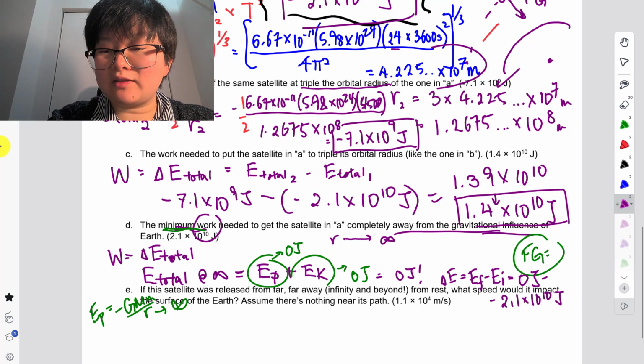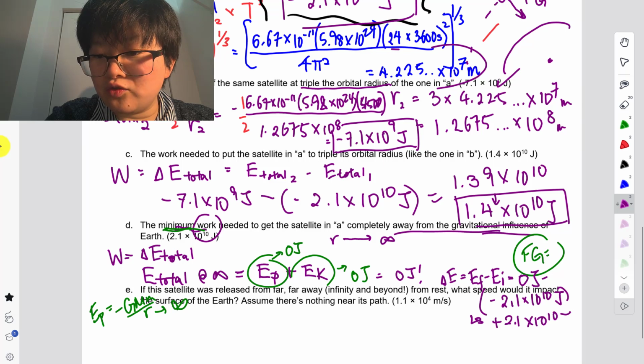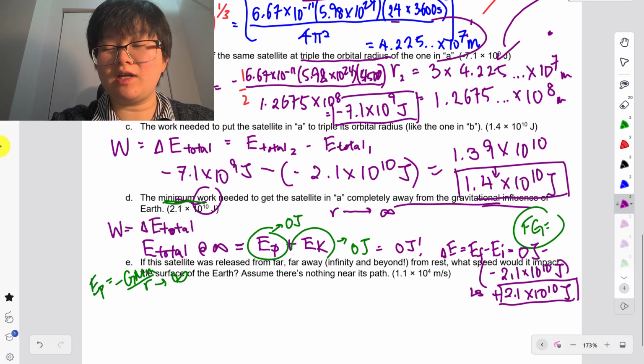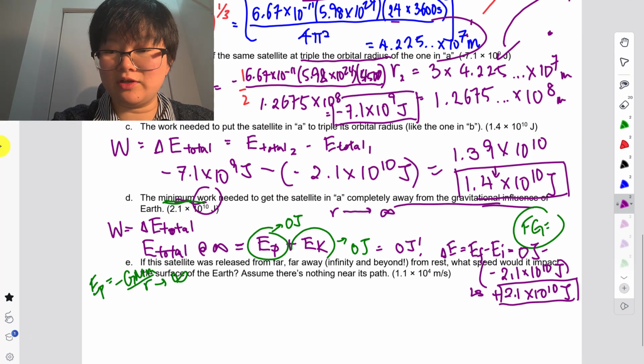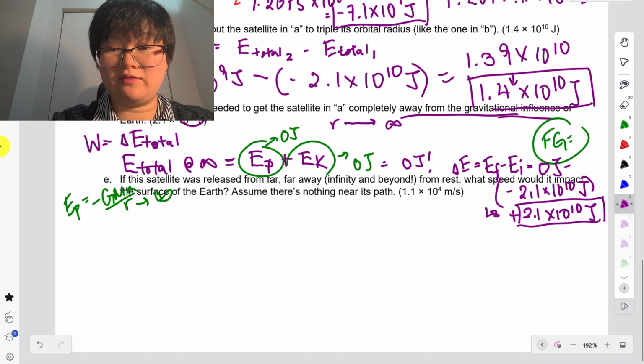If you subtract a negative, this will just become positive: positive 2.1 times 10 to the power of 10 joules. This kind of makes sense. You would have to fight your orbit, get out of the gravitational influence of your planet, which is Earth, in order to get there. So that's the amount of energy you would need to get to infinity.